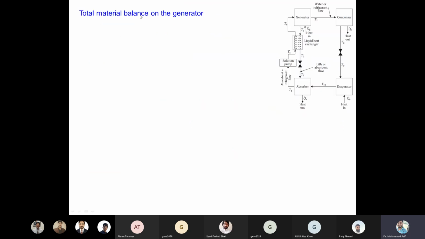Let's apply the total material balance, which is the same as the mass balance. I explained previously what is mass entering and what is mass leaving. So entering mass is M6, and leaving is M7 and M1, right?